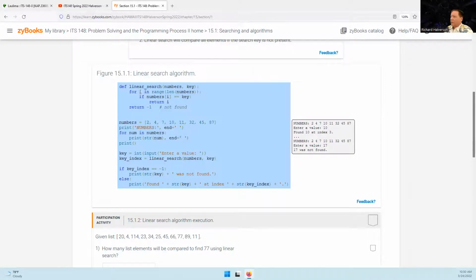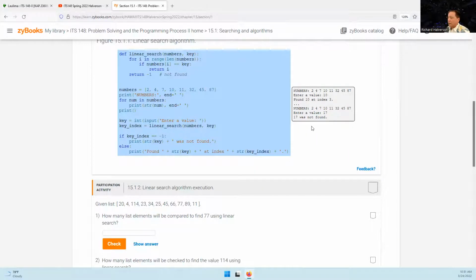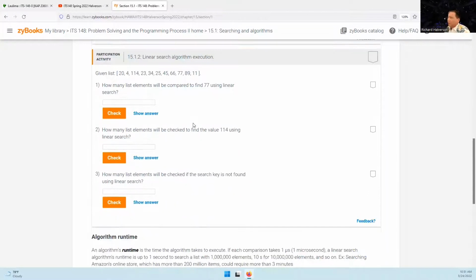This loops starting from the 0th index all the way up to the top of the list, and checks to see if the number is equal to the key that we're looking for. If it is, we found it, so we return the index. Otherwise, we return a -1, which indicates that the element is not in the list.